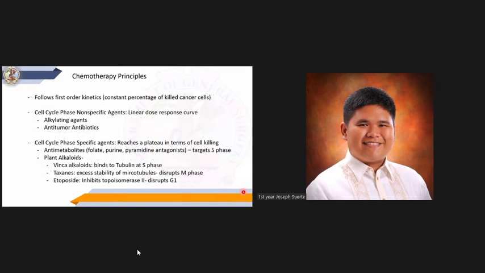So chemotherapy principles follow your first order kinetics. So per treatment, the chemotherapeutic drug will kill a constant percentage of your cancer cells. So we have two kinds of agents, your cell cycle phase non-specific agents versus your cell cycle specific agents.